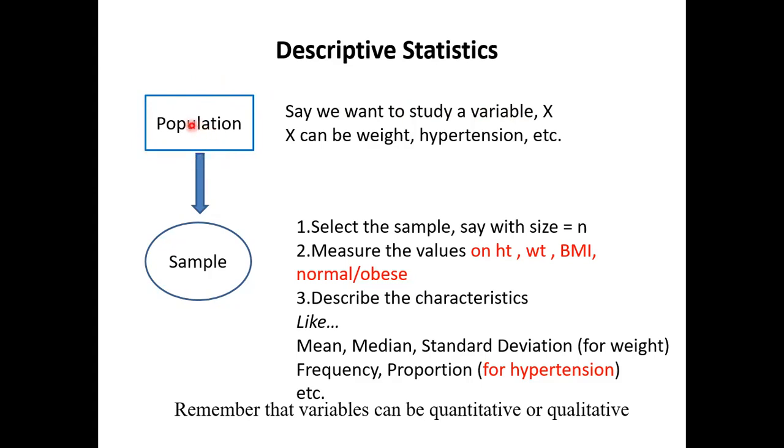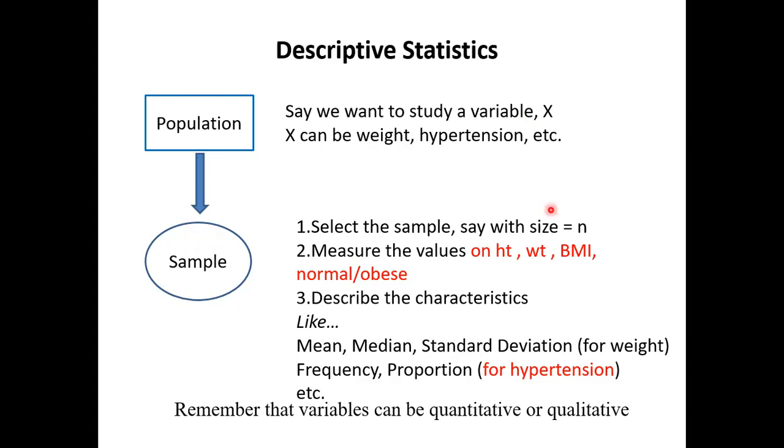We are interested in studying blood pressure. Blood pressure is a variable because different people have different blood pressure values. Again, we can't study the entire population because of ETC, energy, time, and cost. We take a sample. So that is the sampling we did last week, right?